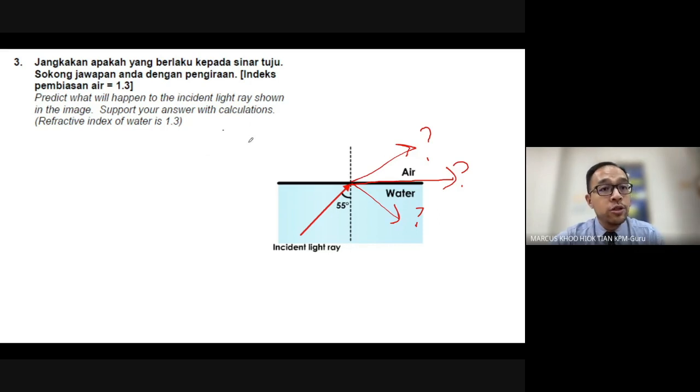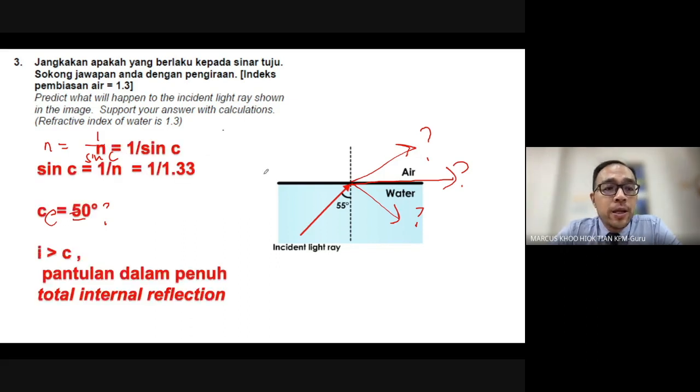In order to know this, you have to know the critical angle. So this is a combination of the first and the second question. Find the critical angle first. How much is the critical angle? Use n equals 1 over sine C. Give it a go. If you do the calculation, you will get an angle of about 50.